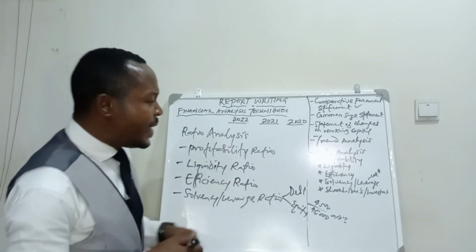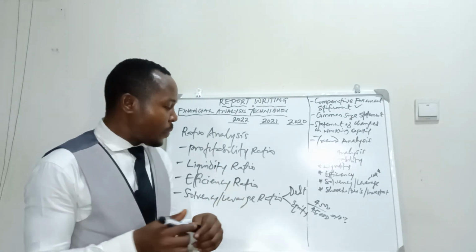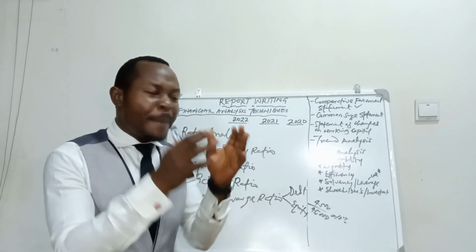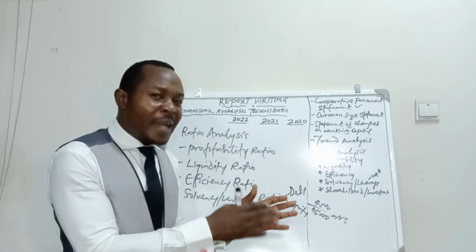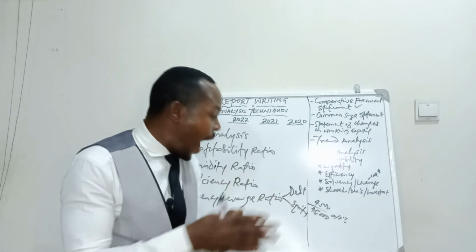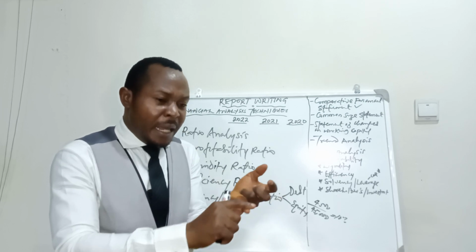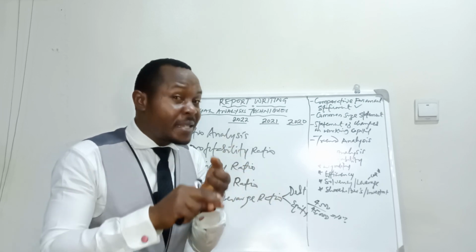The very last one is the investment ratio. This talks about the investment part. This is the portion that all investors of the business are interested in, both the current investors and the potential investors.